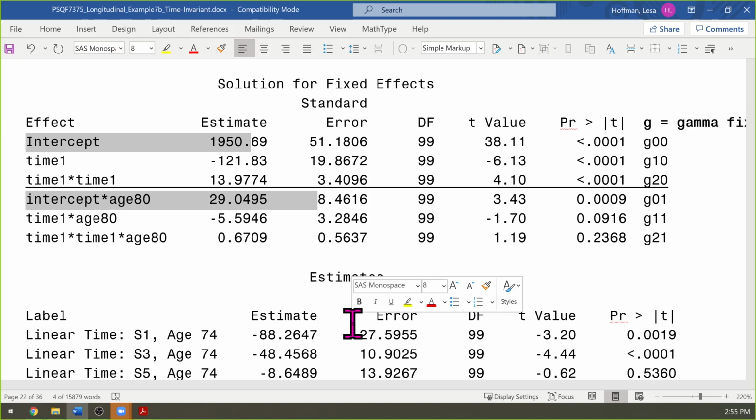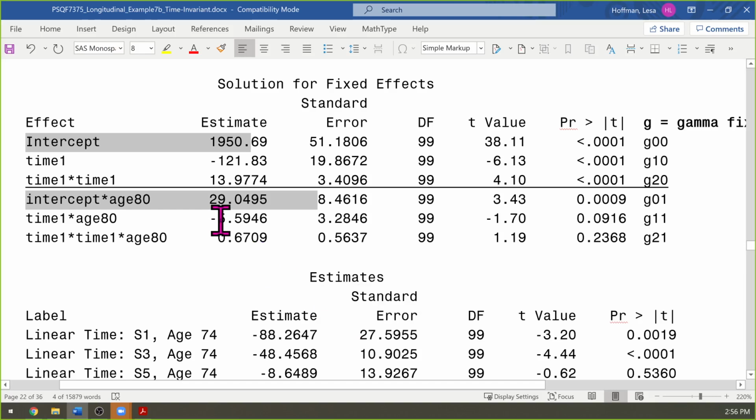For every year older you are when you walk in the door, your predicted response time at session 1 increases, or is higher, significantly by 29 milliseconds. So predicted response time on the y-axis is shifted up or down by this main effect of age, the effect on the intercept, about 29 milliseconds a year slower for every year older. Okay, with me so far?